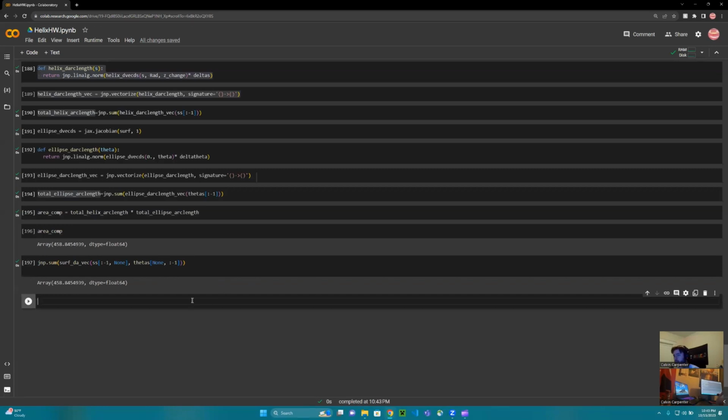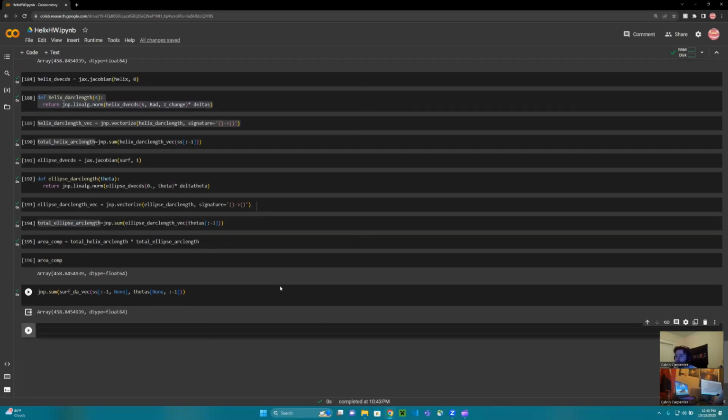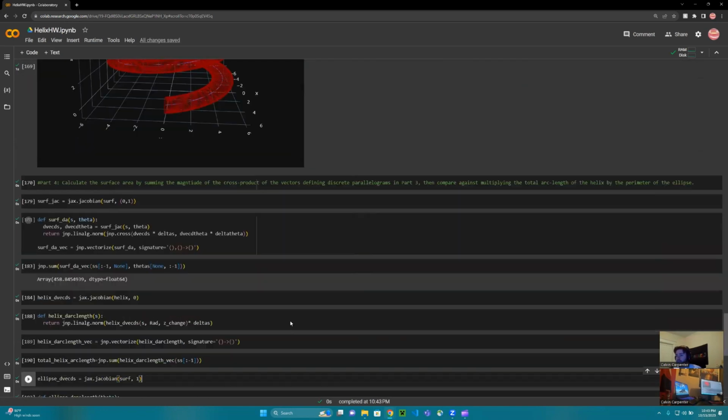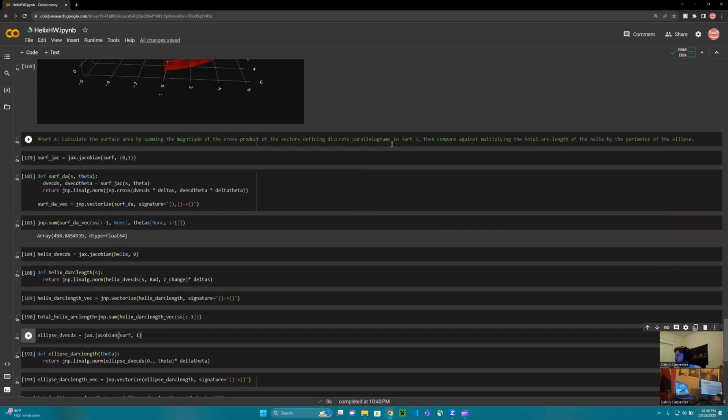Okay. So as you can see, the area comparison is identical to the answer we got up here. So I think that's all for part 4. Just compare against multiplying the total arc length of the helix by the perimeter of the ellipse.